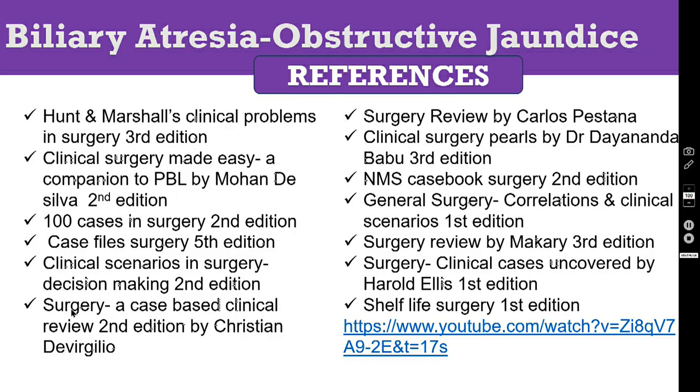And all other books, like 100 Cases, Case Files, Pestana's Surgery Review, Clinical Surgery, Pulse, are all case-based teaching. So you can go through these books, maybe in your library, and please work out all the case scenarios given in these books.